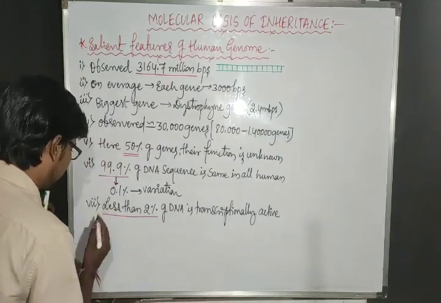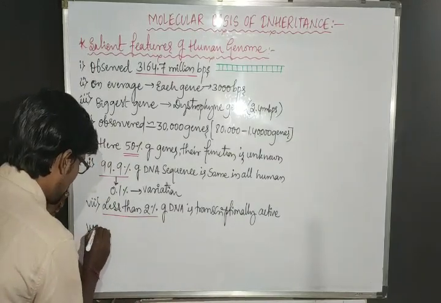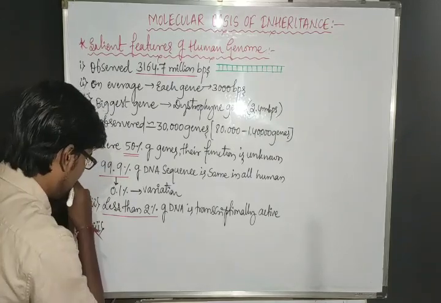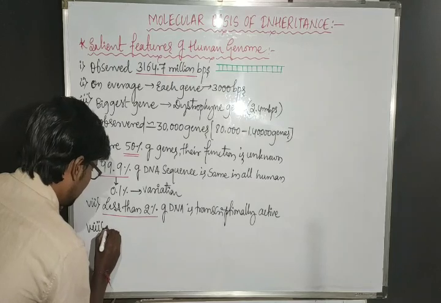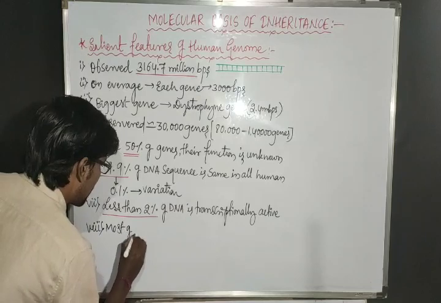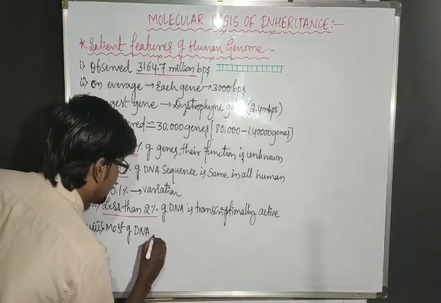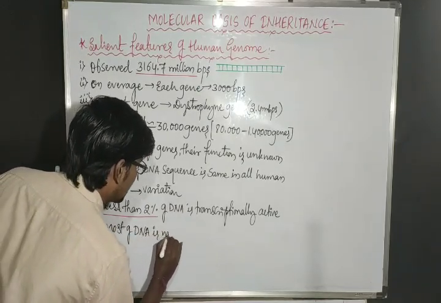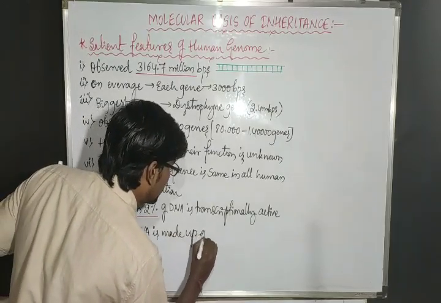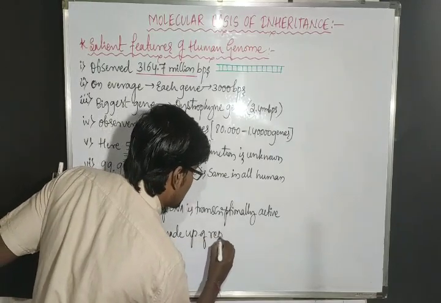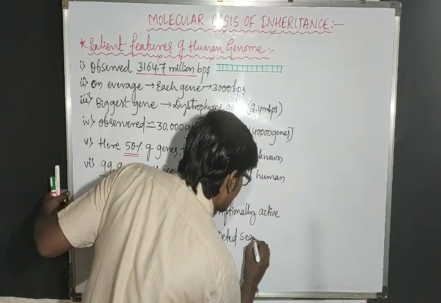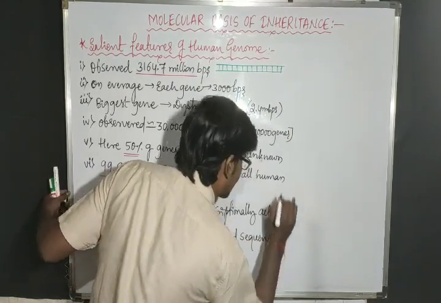And the next thing. Most of the DNA is made up of repeated sequences.